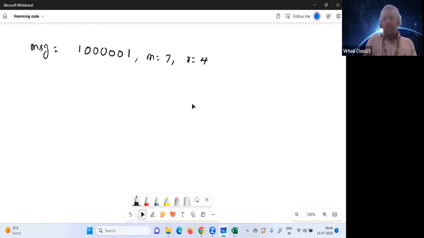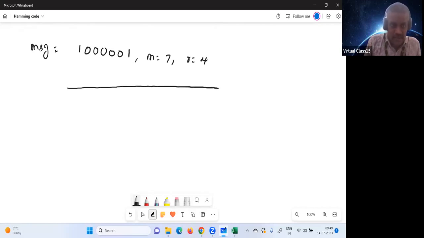The Hamming code has different rules. You already know the code word length is 11, so I am drawing that code word.